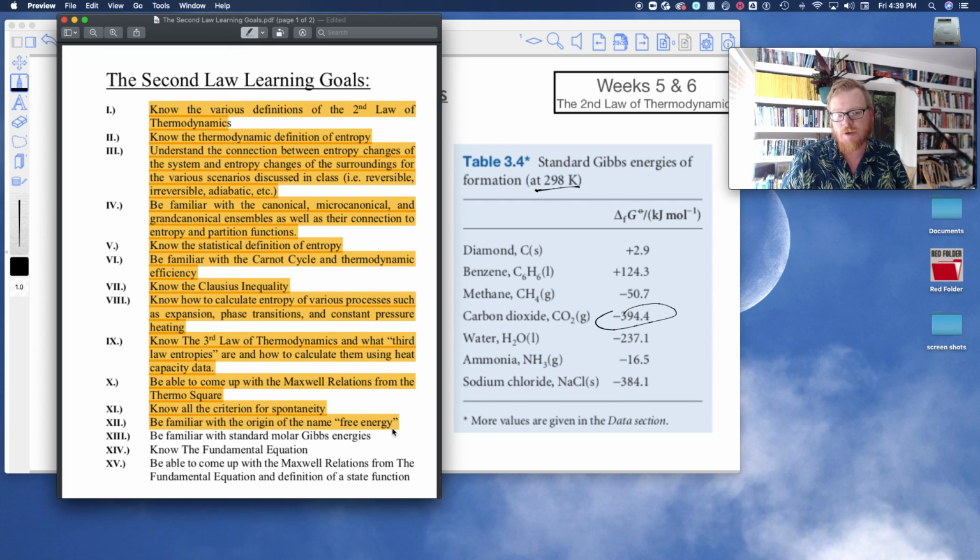Be familiar with standard molar Gibbs energies. I think that's mostly a review from Gen Chem, but just recognize this idea: negative delta G means that this compound will form spontaneously from its elements. Okay, so we were destined to have a carbon dioxide rich atmosphere and water in our atmosphere as well.